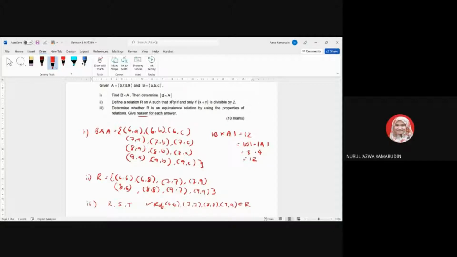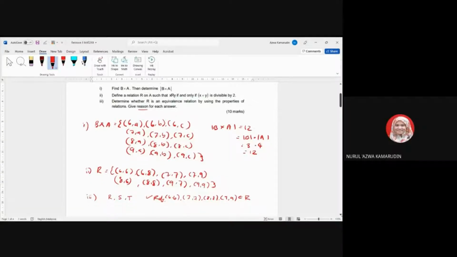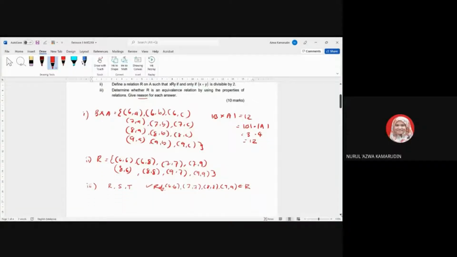Okay, so you nak check juga dia adalah symmetric. Symmetric it must follow, apa panggil, ab ba. So apa yang you boleh check kat sini, 8, 6, the opposite is 6, 8. So these are symmetric untuk yang ni. You kena check yang lain pula. This one is also symmetric. 6, 6 terbalikkan pun dapat 6, 6. 7, 7, 8, 8, 9, 9 ni semua simetrik lah. 6, 8 yang ni dan yang ni pula 9, 7, 7, 9 pun ada juga.